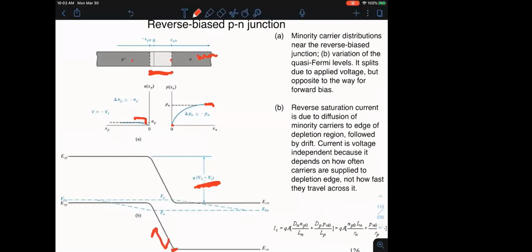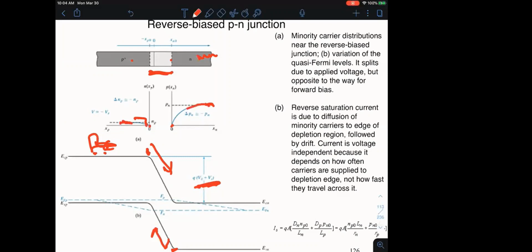Similarly, on the P side, you have a few minority carrier electrons, which are executing random Brownian motion, don't see electric field, but occasionally appear at the edge of this depletion region. Boom, they see this electric field, and they're swept right across. And as a result, the minority carrier concentration, which is already low, is pulled low at the edges of the depletion region.